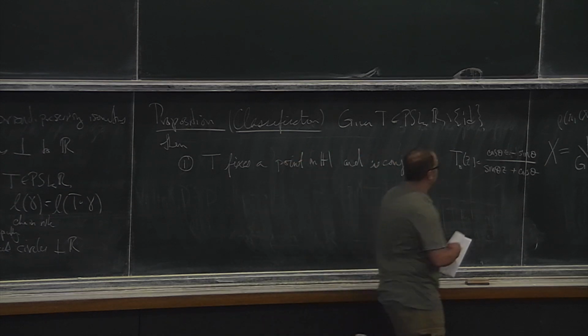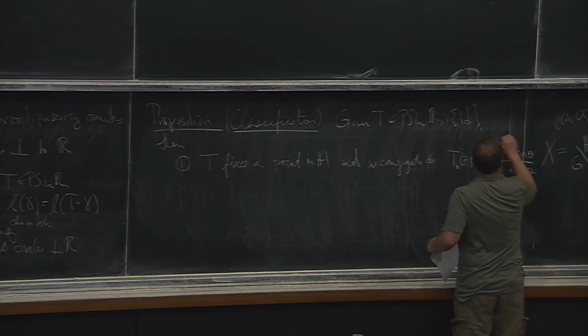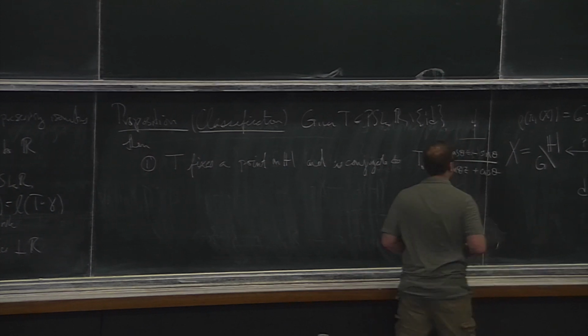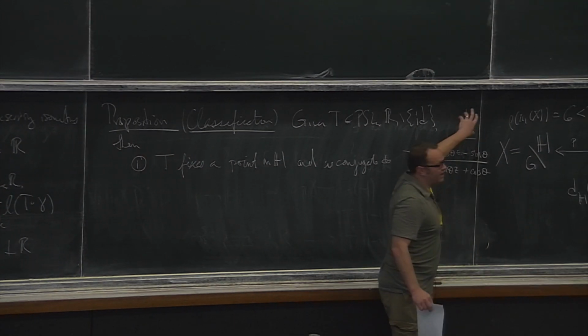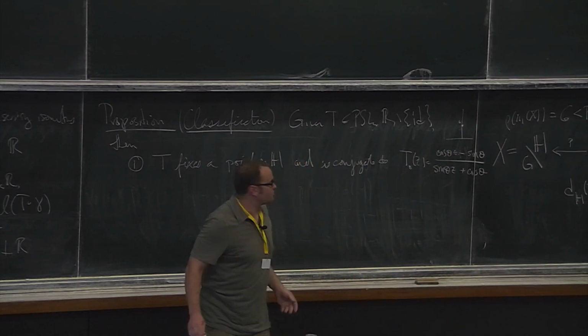So this T naught is in the stabilizer of i, and it's just acting by rotation by angle 2 theta.